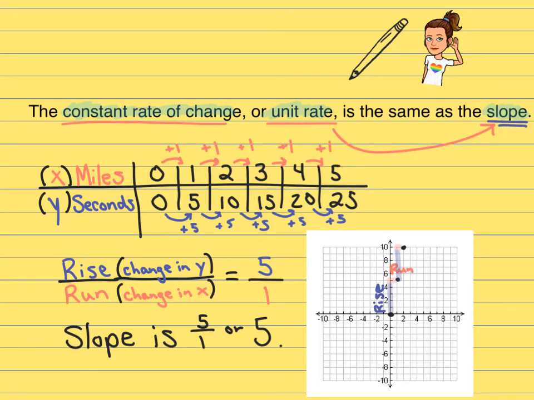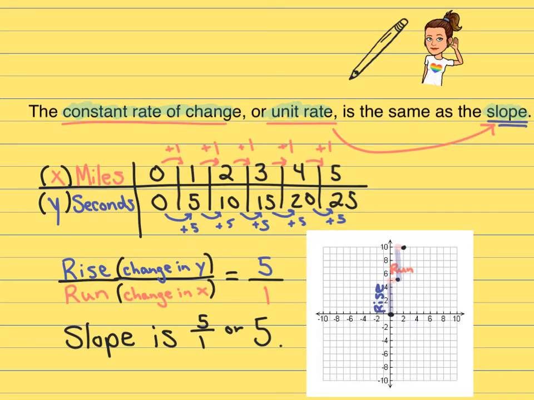Let's look at this example. We're comparing number of miles to seconds. We have x values compared to y values. Notice that the constant rate of change on the x values is increasing by 1, while on the y values, the constant rate of change is that they are increasing by 5.